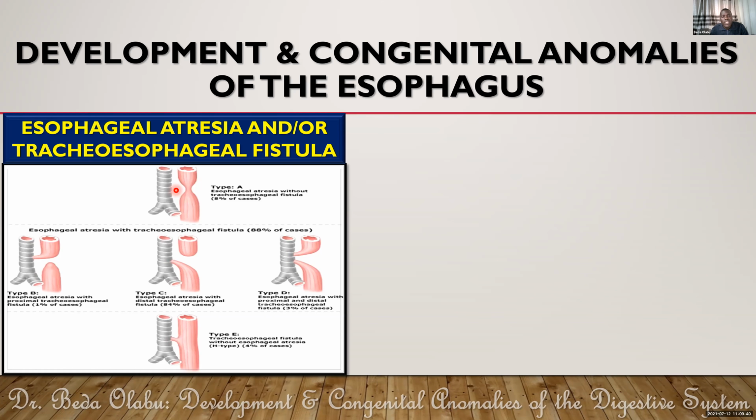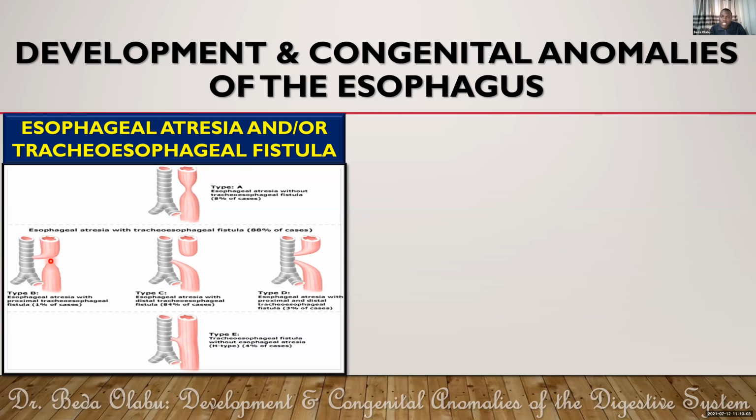We are looking at them in terms of the entity of the malformation with different degrees of severity. Look at type B TOF. The esophageal lumen is not continuous. We can see the proximal and distal segments are not continuous.